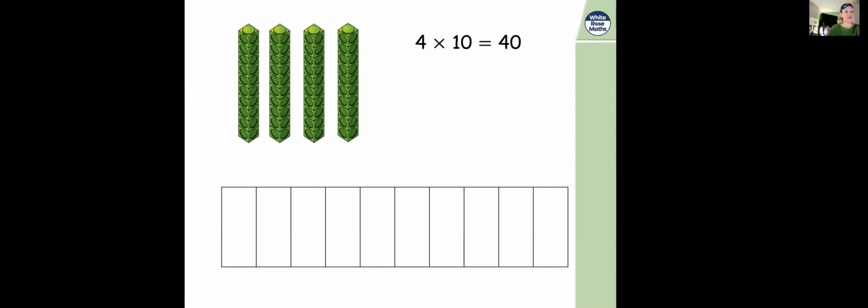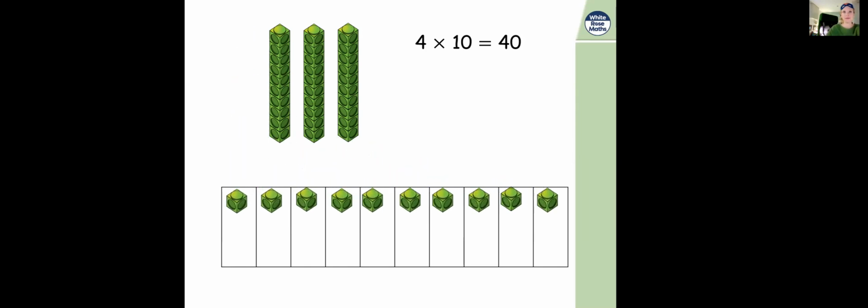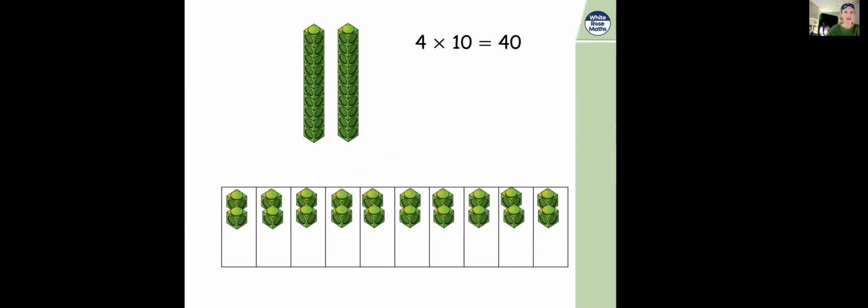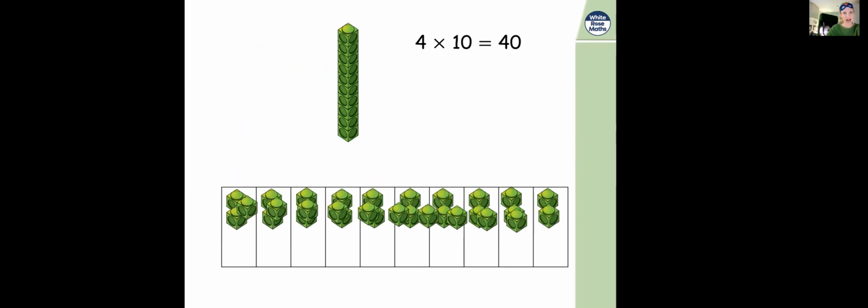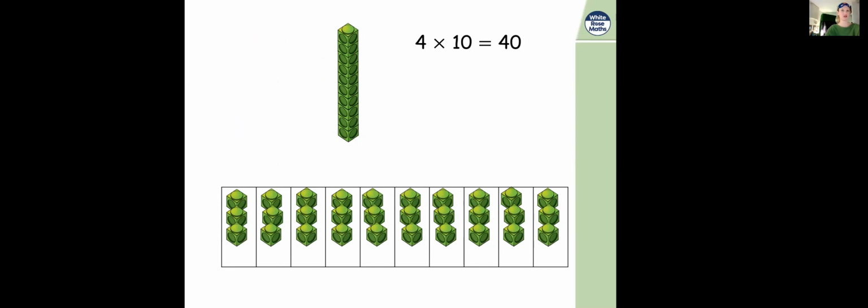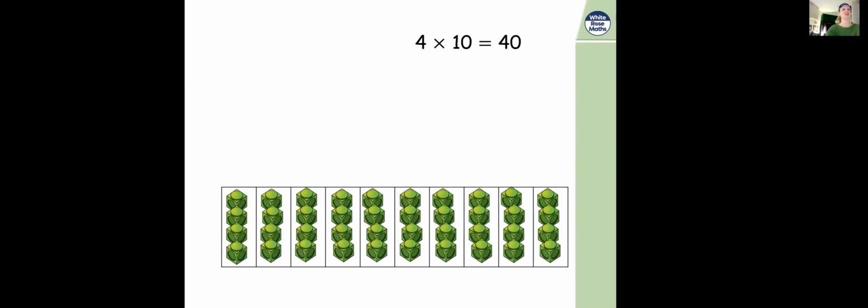So let's start sharing. The first group of 10 go in, the second group of 10, the third group of 10, the fourth group of 10. So 40 shared equally into 10 groups. How many is in each group? 4. 4 cubes in each group.